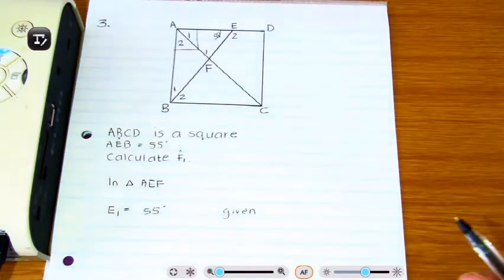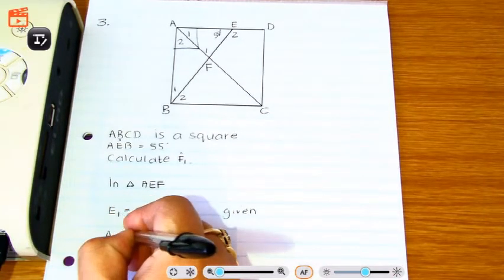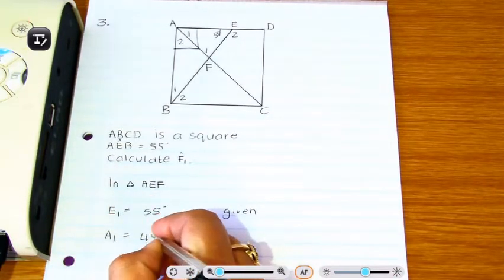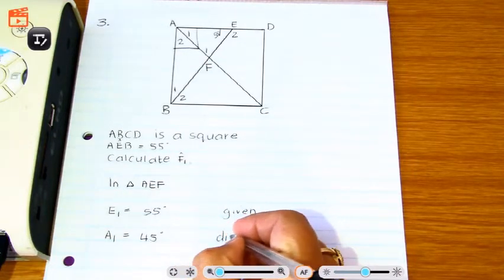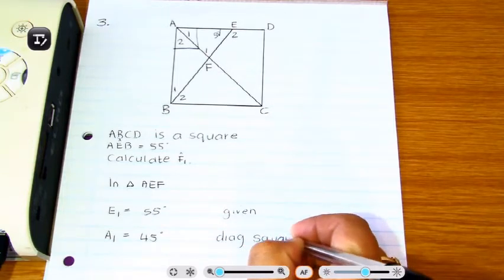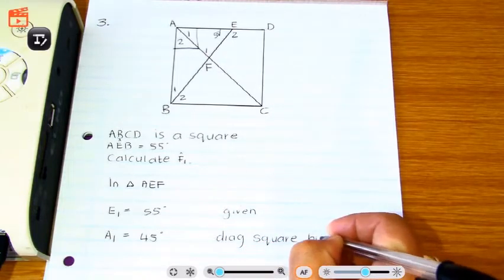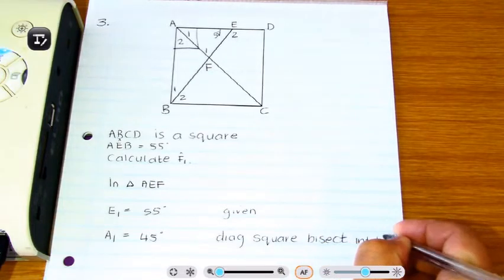And that's going to be my second point. I'm going to say that angle A1 is equal to 45 degrees. My reason would be the diagonals of a square bisect the interior angles.